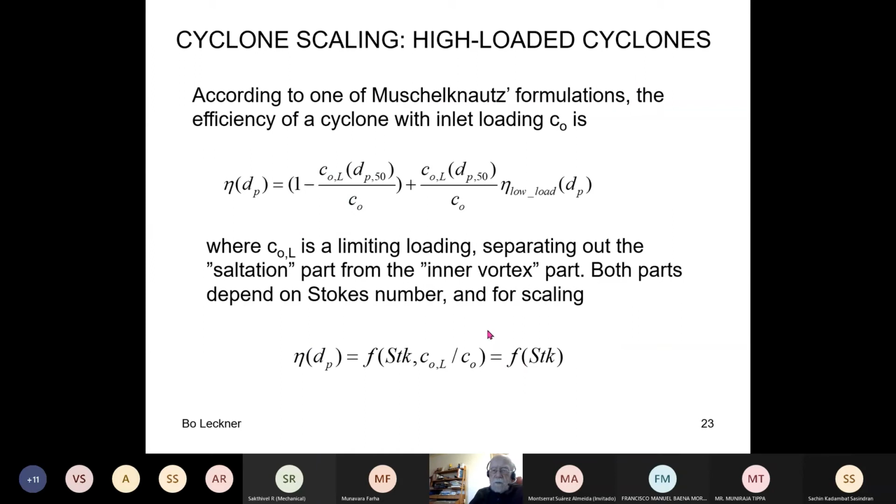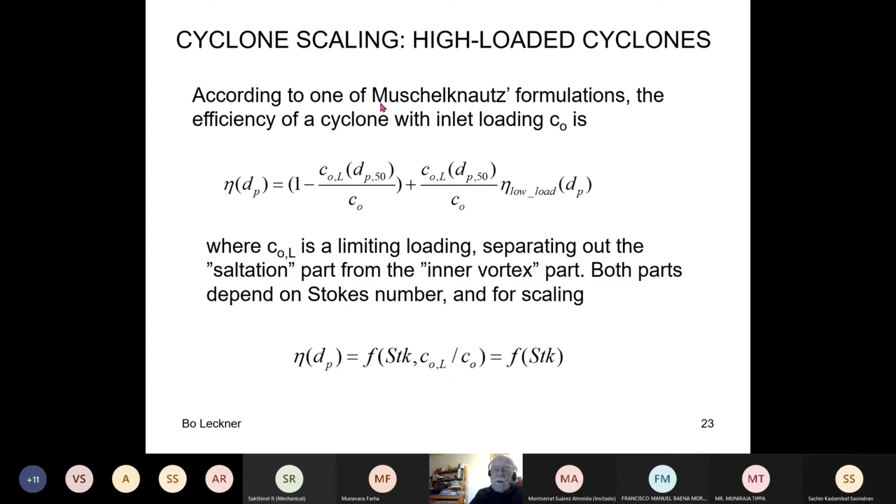And now it is where I want to skip, really. It is the formulations of Muschelknautz. As I said, Muschelknautz was one of the top persons in cyclone theory, and he has written some very useful formulations, but they are very complicated and very difficult to understand, containing a number of different parameters, so many that you're a little suspicious.